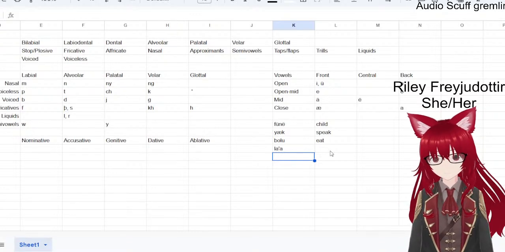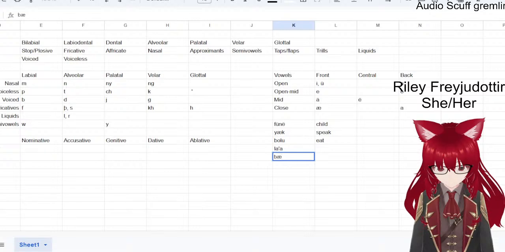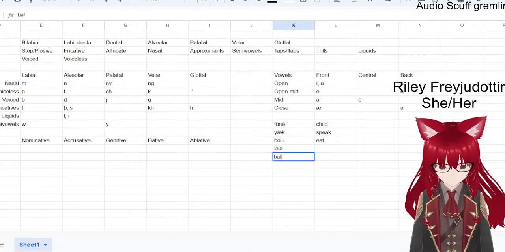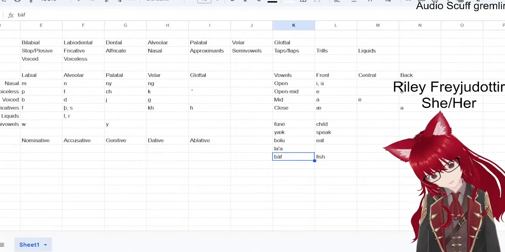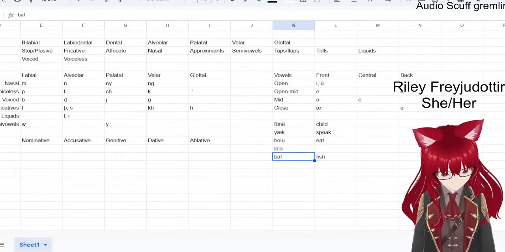Biff, biff, biff, fish. It sounds a little bit watery, a little bit like water, which is what we want.